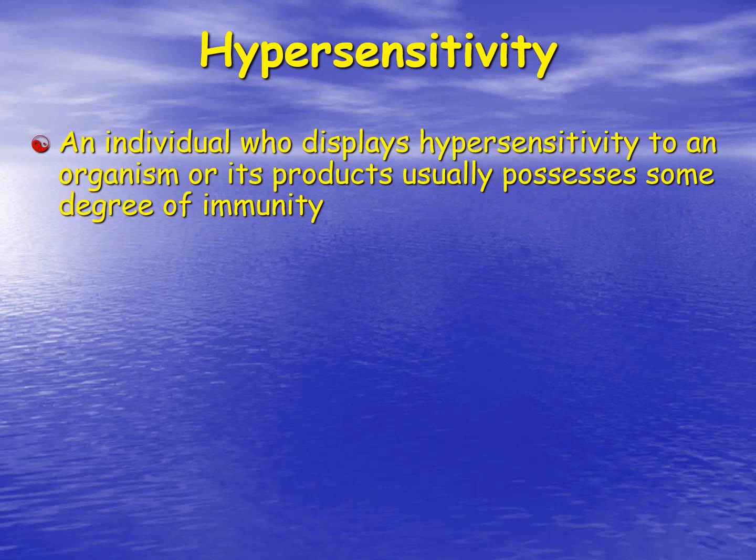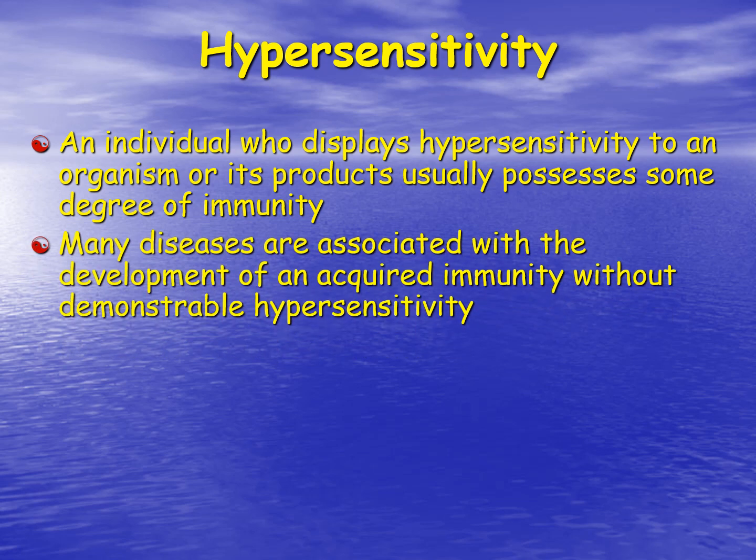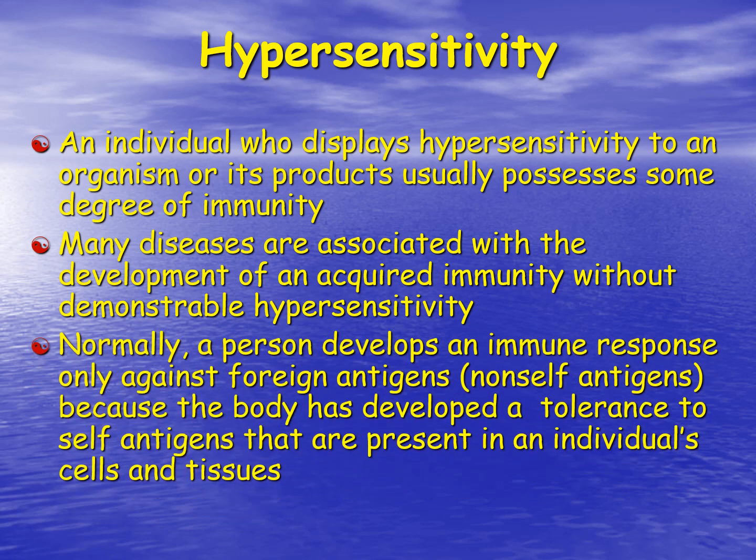We actually see that an individual who displays hypersensitivity to an organism or its product usually possesses some degree of immunity, otherwise they would not have the response. Many diseases are associated with the development of an acquired immunity without someone demonstrating a hypersensitivity reaction, and that's our normal response.